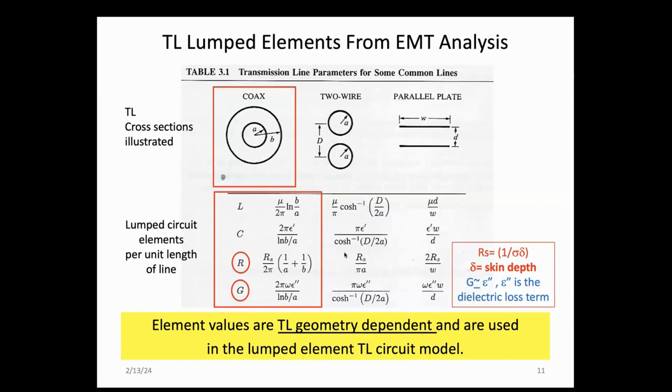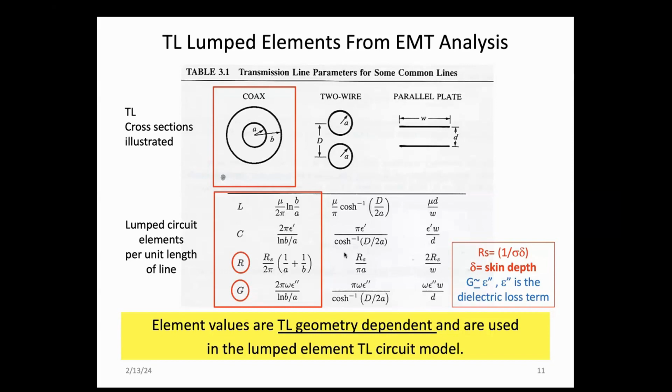This is magnetic permeability, and we take it for free space, which is mu0, it's just a number. The other is epsilon prime, that's the real part of the dielectric constant. But those are the numbers that you can use to calculate per unit length the inductance and capacitance of this coaxial line.